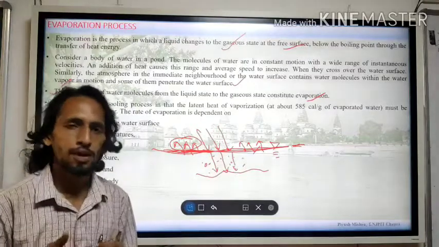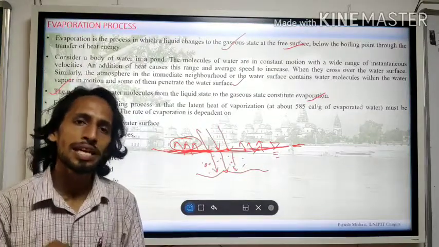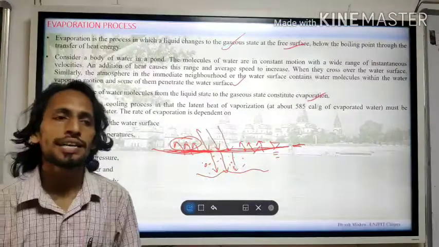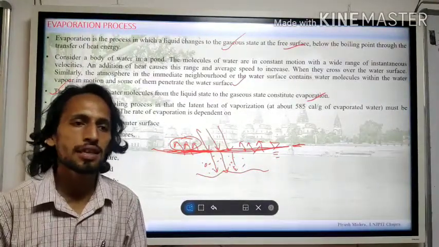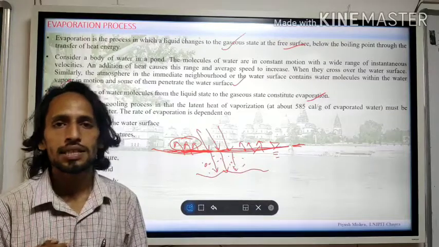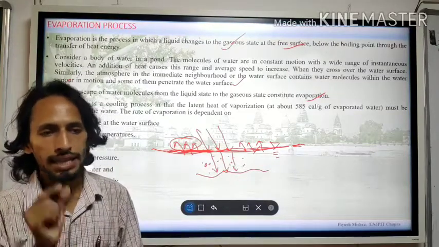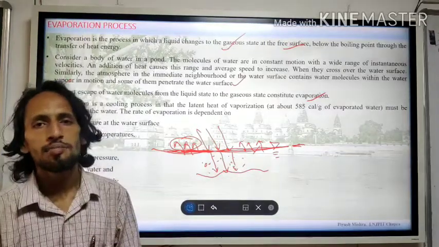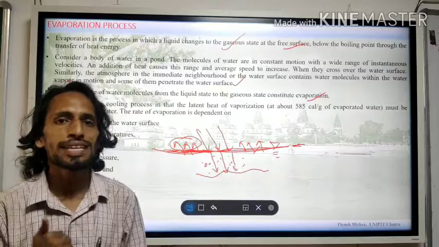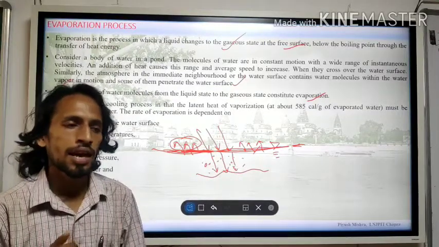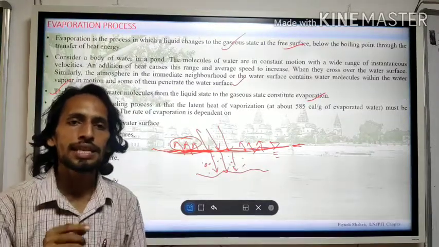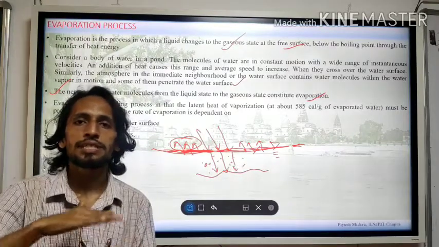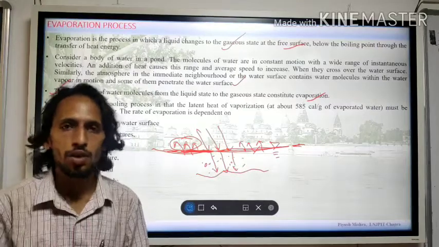That is why we call evaporation a cooling process. You also know that if you want to increase the temperature by 1 degree, the amount of energy that you have to give to the system is called specific heat. So you have to give some specific heat so that with every single degree, the temperature increases or decreases.